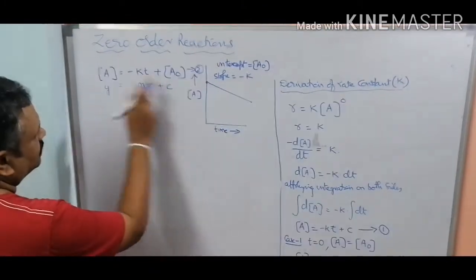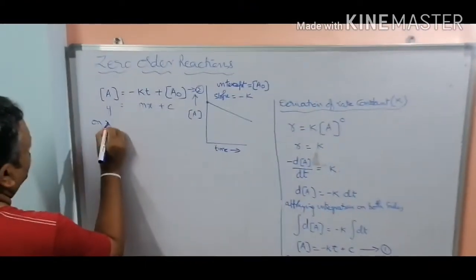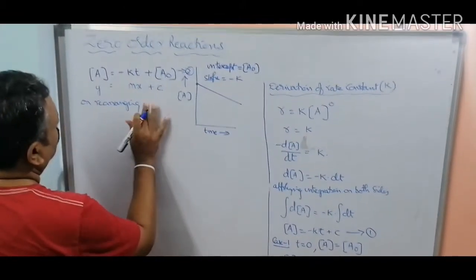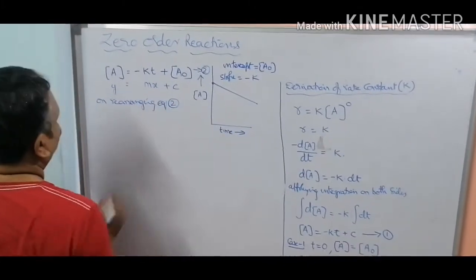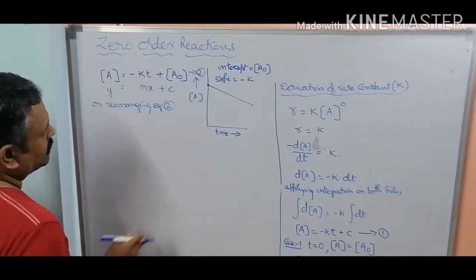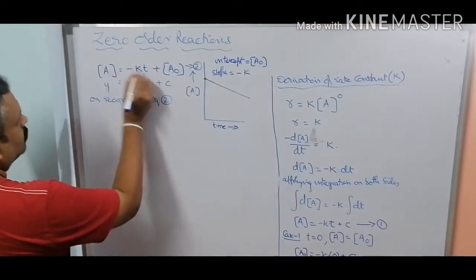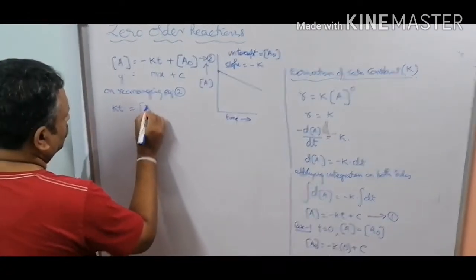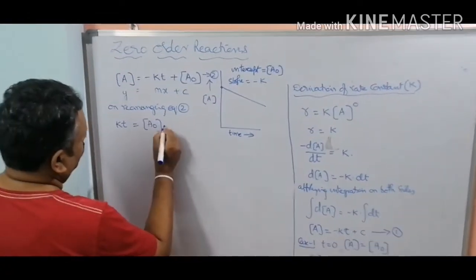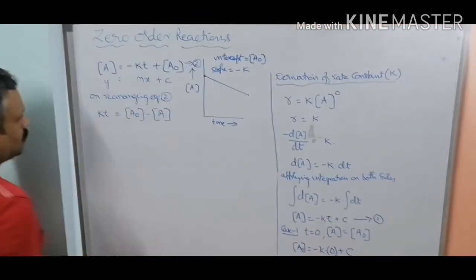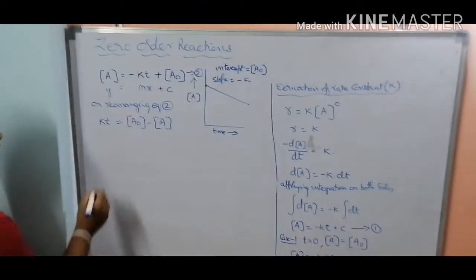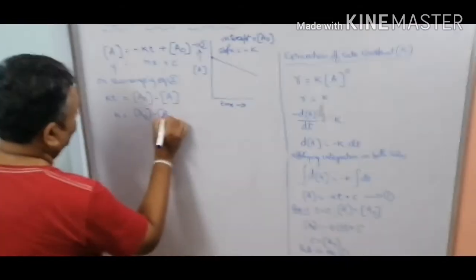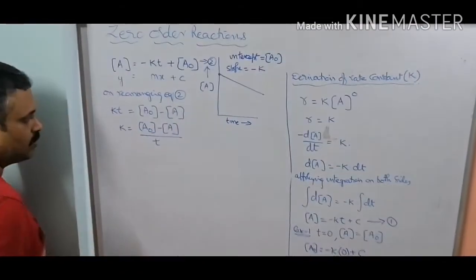Now let us rearrange equation 2. Let us bring the A terms to one side and the kt term to the other side. So minus kt to the LHS becomes positive, [A] naught remains positive on the RHS, and A when sent to the RHS turns negative. So the expression is kt is equal to [A] naught minus [A], or k is equal to the [A] naught concentration minus the [A] concentration, divided by the time of the reaction.